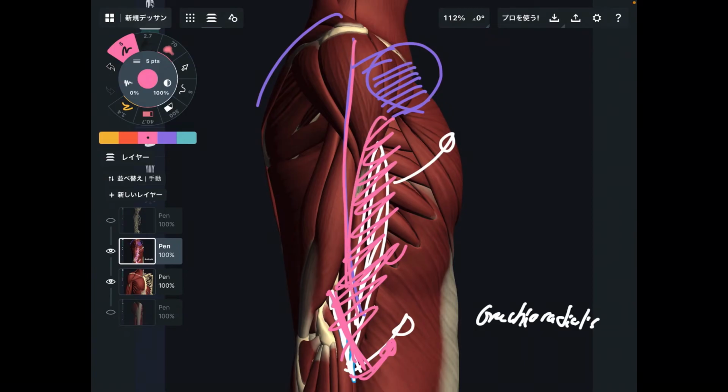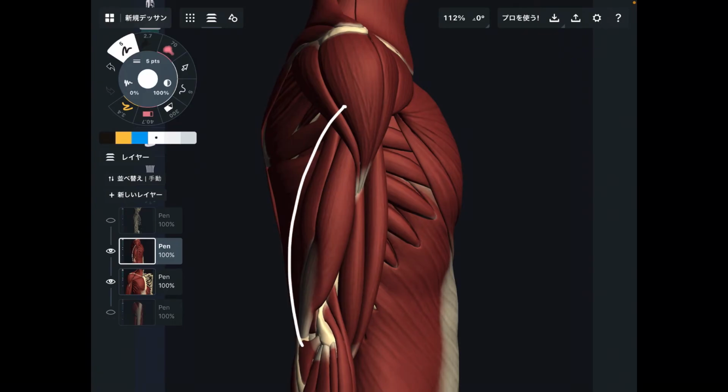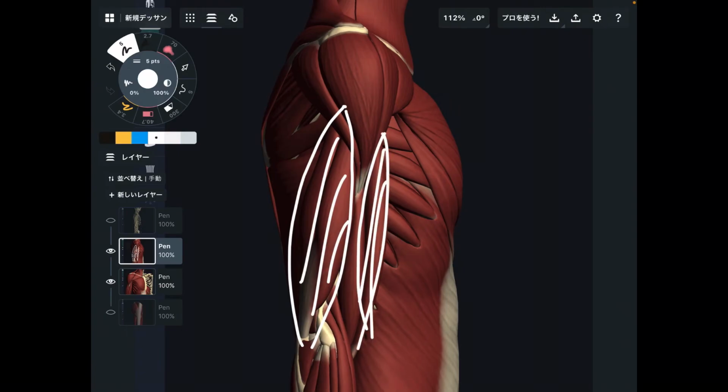Alright, these are anterior muscles, right? Biceps brachii, brachioradialis, they are anterior muscles. Now, what's going to happen to posterior muscles? What's going to happen to triceps brachii? Alright, this is triceps brachii. What's going to happen if biceps brachii is shortened? What's going to happen to triceps brachii?